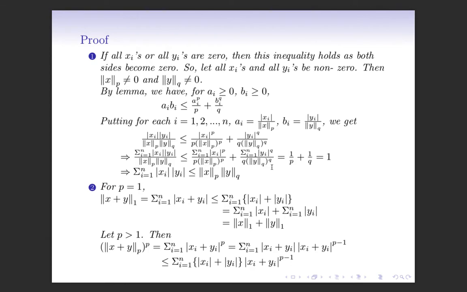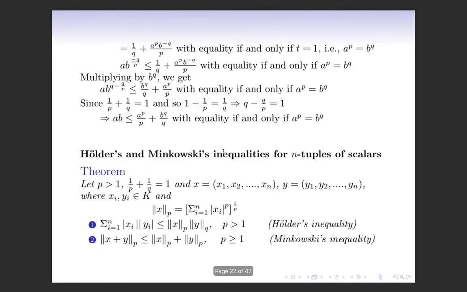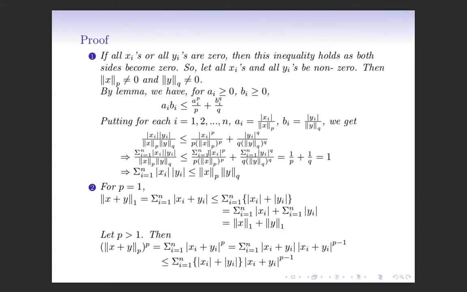Here we note that from the definition, this summation term in the numerator is equal to norm p of x whole to the power p. So we write norm p of x whole to the power p, and then these terms will be cancelled and we are left with 1 by p.